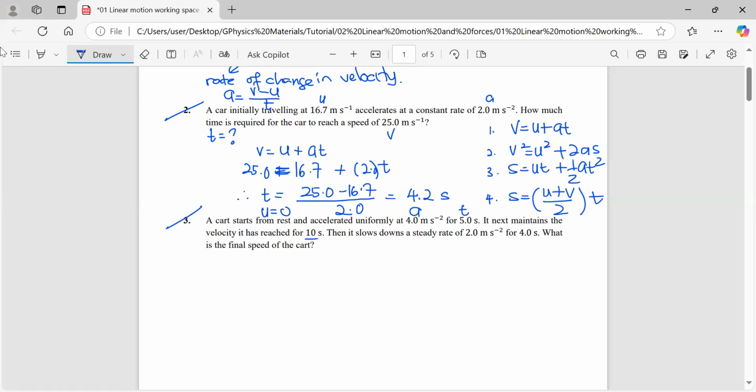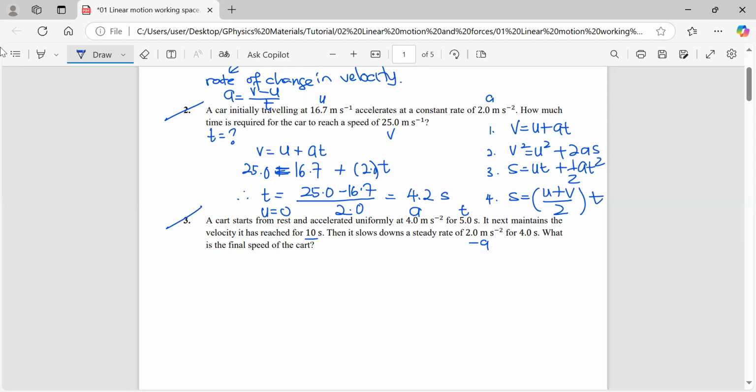Then it slows down at a steady rate of 2 meters per second squared, which is basically the deceleration, for 4 seconds. So what is the final speed of the cart?